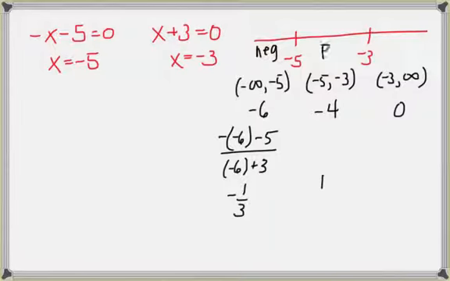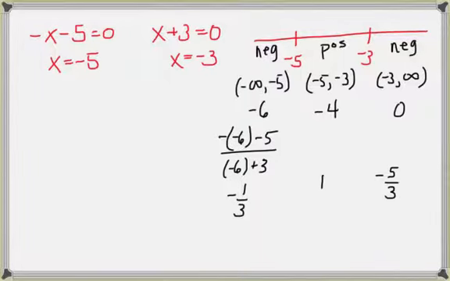So that means that this would be positive. And then if you chose 0 for your third interval, you would have got negative 5/3 as your answer, making this interval negative. So that tells me that the interval from negative 5 to negative 3 would be the one that I want to choose.